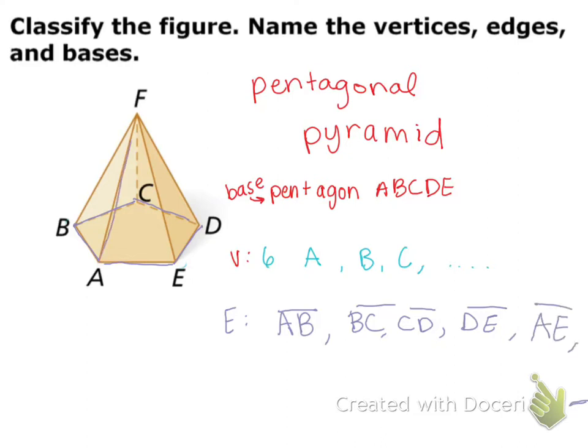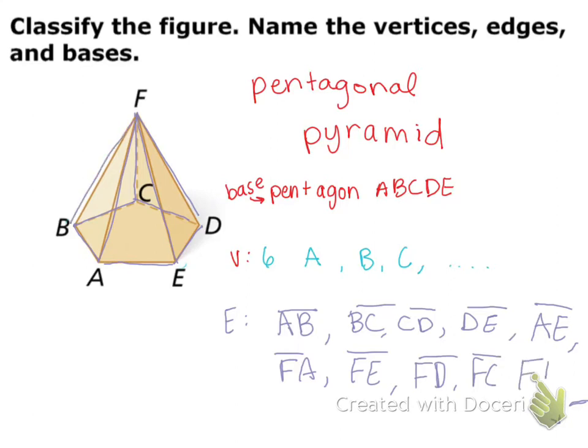We go from A to F, F to E, F to D, F to C, and lastly F to B. So we have 1, 2, 3, 4, 5, 6, 7, 8, 9, 10 edges.